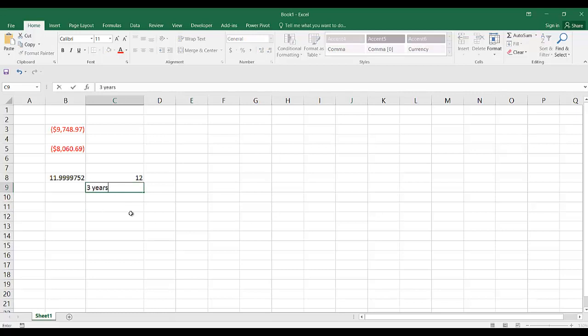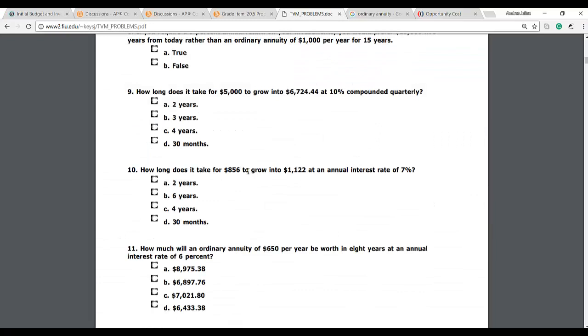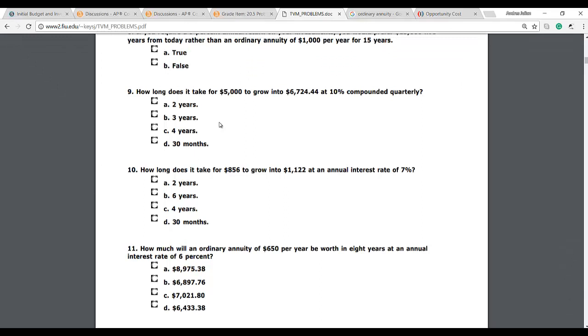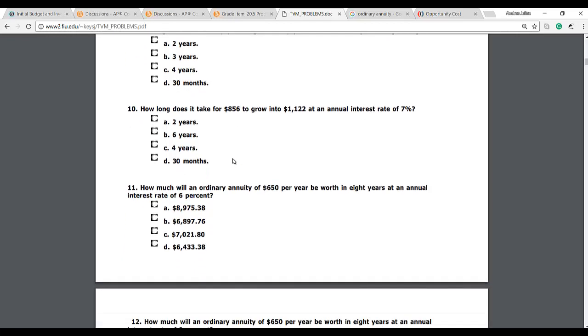So it will take 3 years for this money to gain about $1,724 at this interest rate. It's interesting how money is worth and how we can define different aspects of our investment.